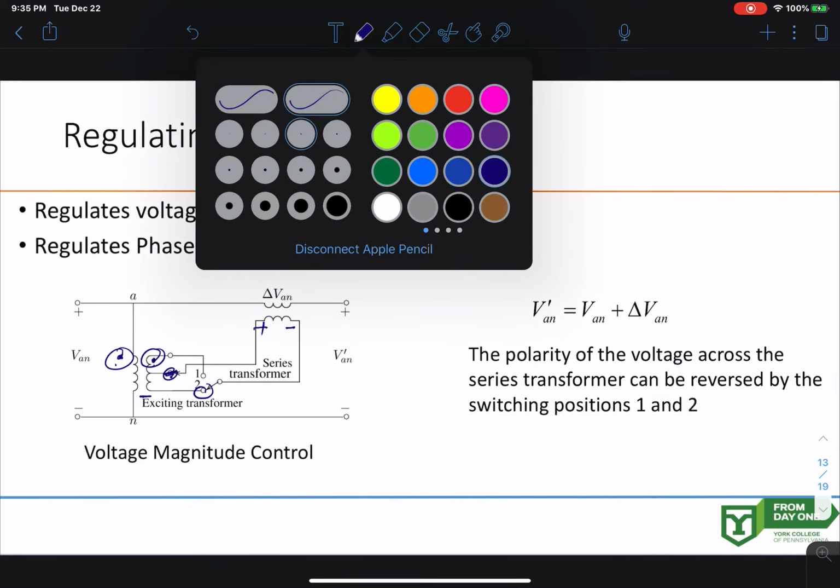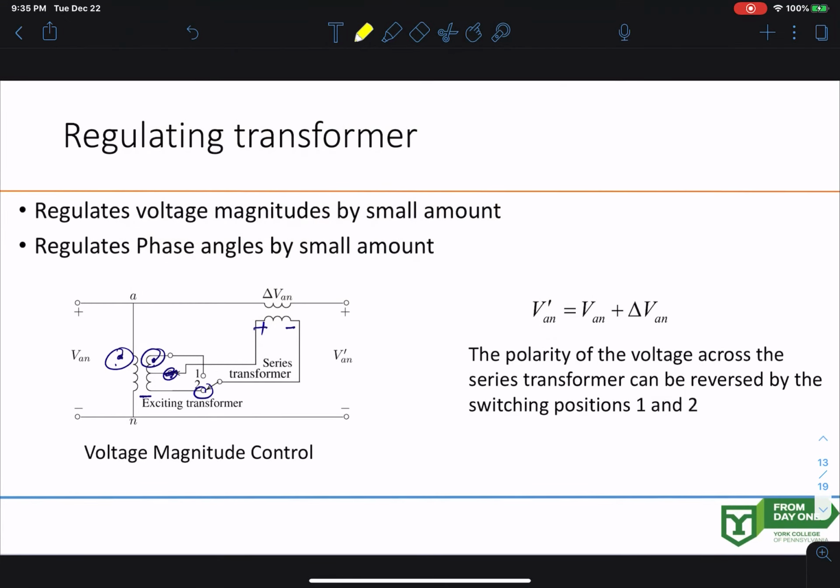That's good. Now if I change the location of the switch, if the switch comes over here, this is not changing, right? So what will happen now, this side will become positive and this side will become negative. Let me go back and change this over here.